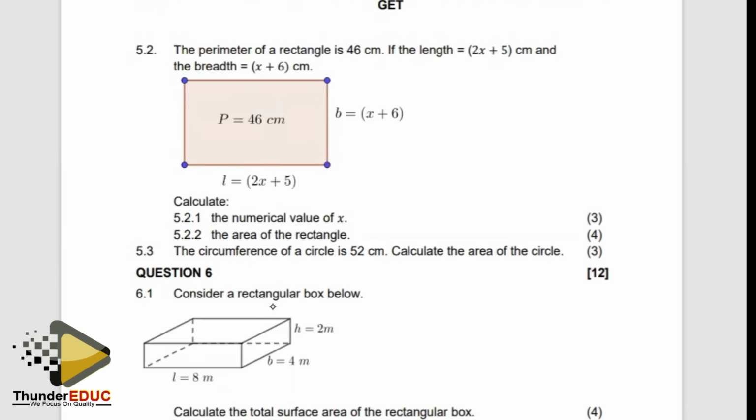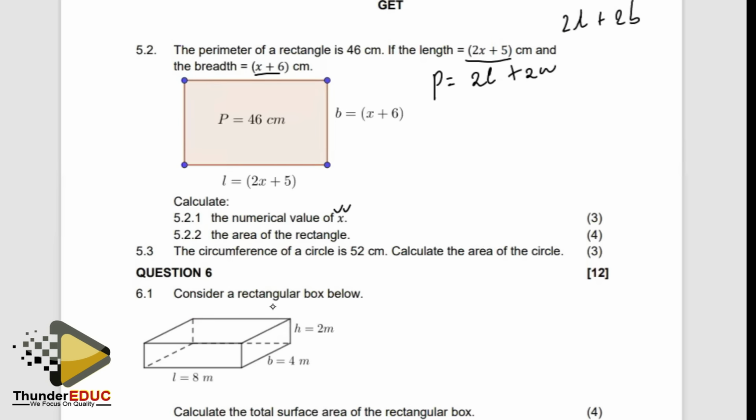If the length is this and the breadth is this, can we determine the value of x? So first things first, we need to know what is the formula for the perimeter of a rectangle. So it is twice length plus twice the width or the breadth, okay? Twice L plus twice B.